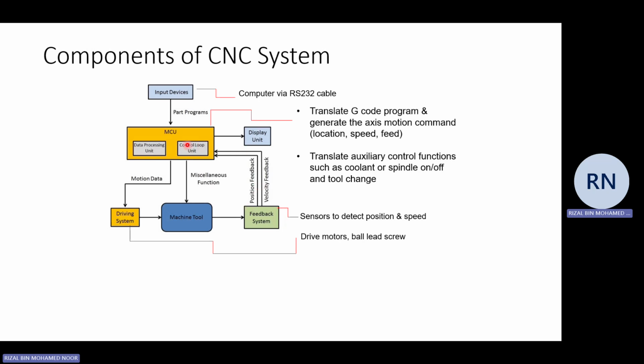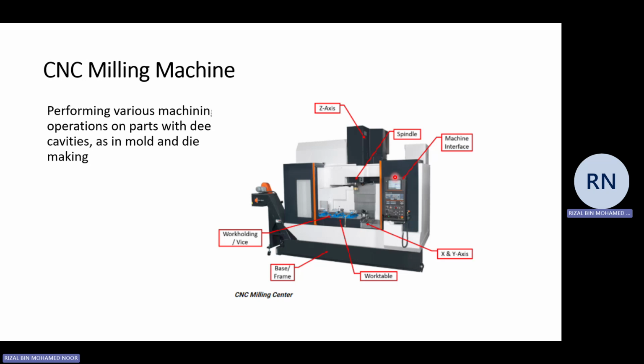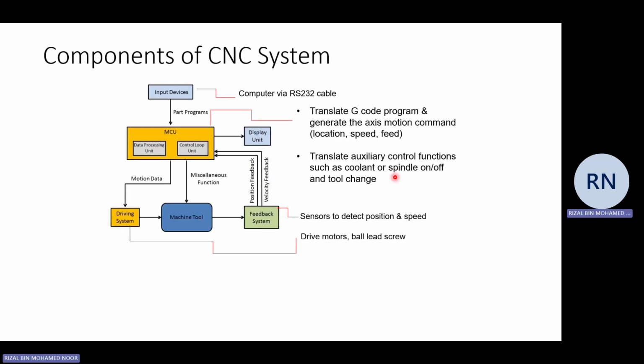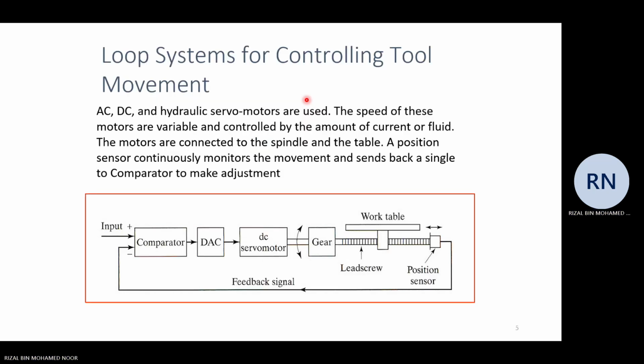The feedback is sent back to the machine control unit to detect any position, and it will be displayed on the control panel in the machine interface. To transfer the data, we can use a pen drive. We can also use an RS-232 cable to transfer the program from the computer.